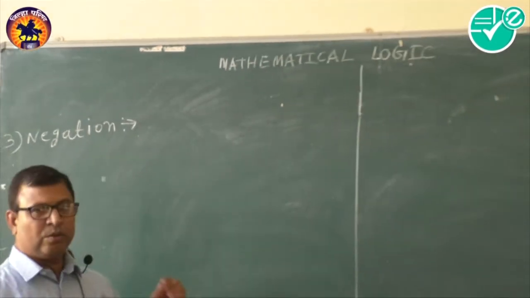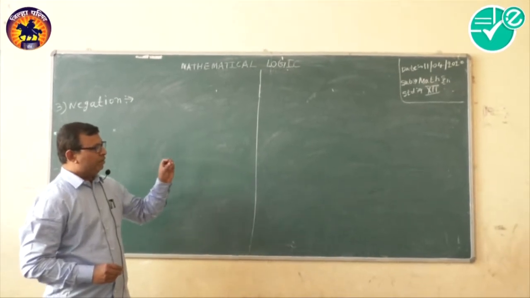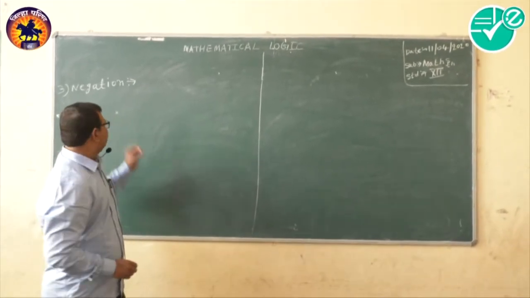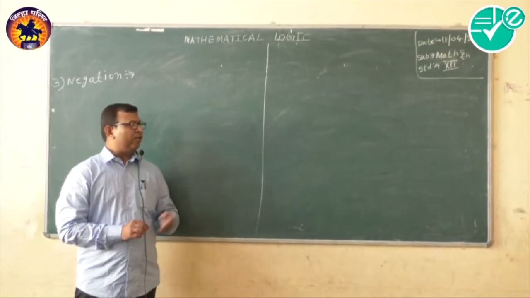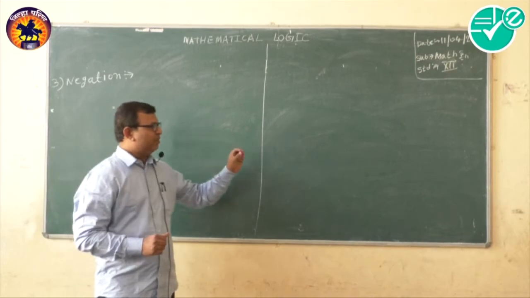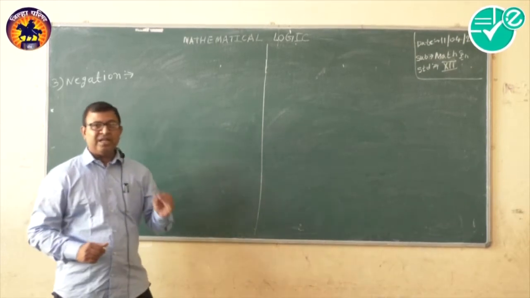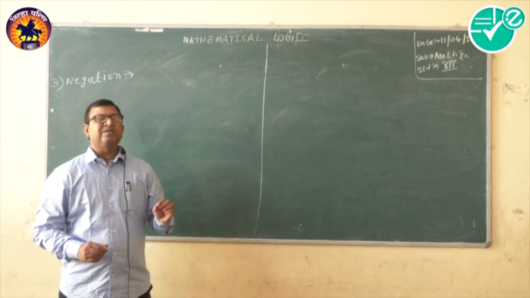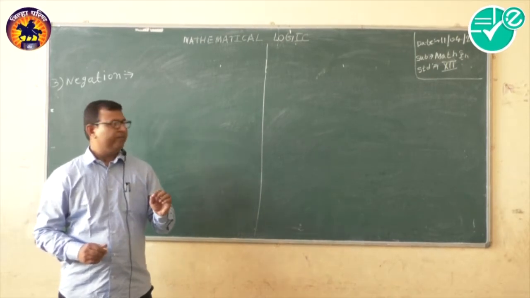For constructing the truth table of conjunction, we have to see what conjunction means. If P is true and Q is true, then and then only its truth table will be true.